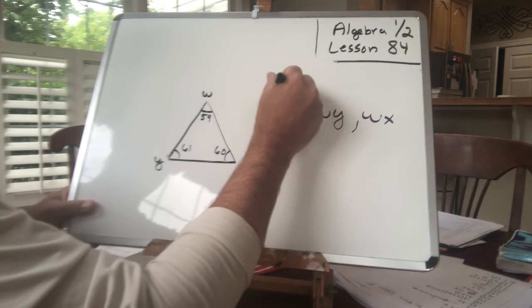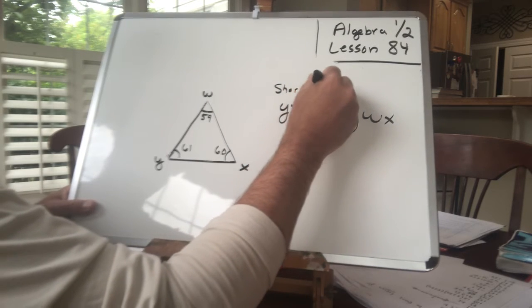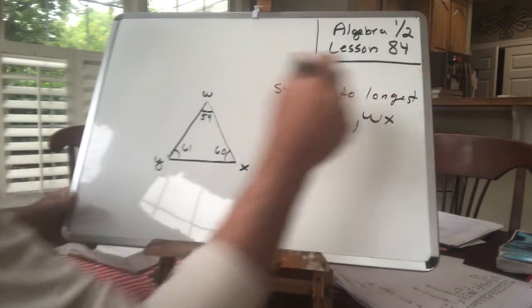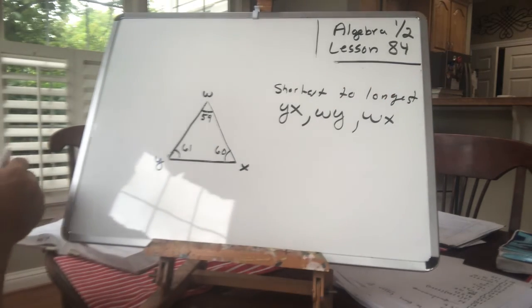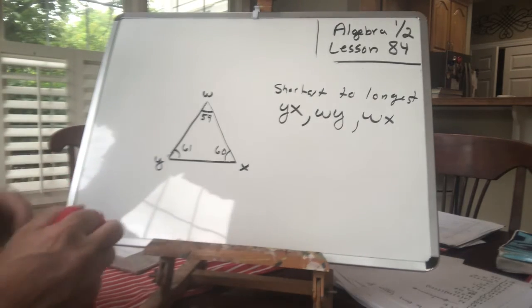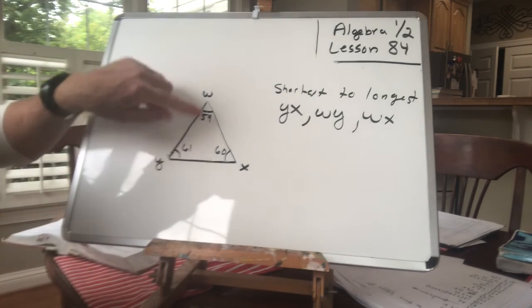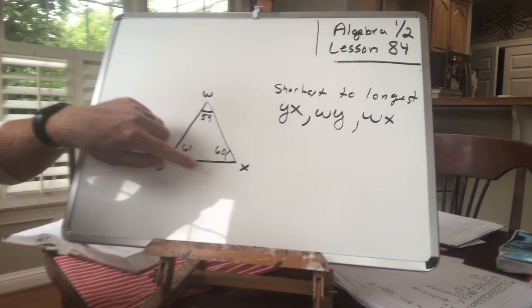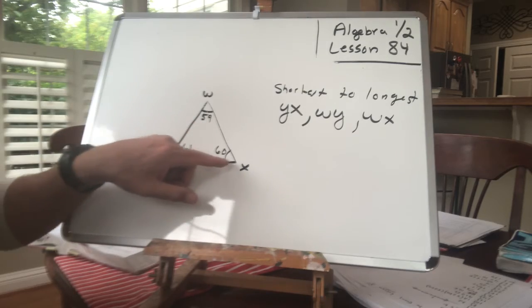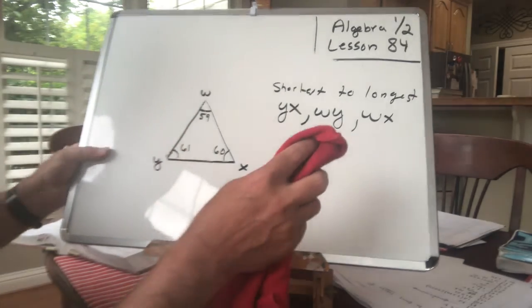That is shortest to longest, all right? You have to remember that. The shortest angle, directly across from it on the triangle, will be the shortest side. Okay.